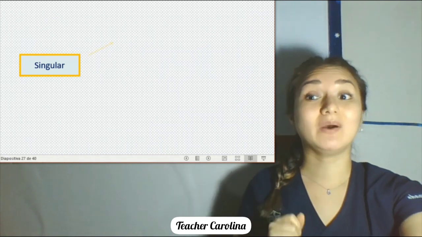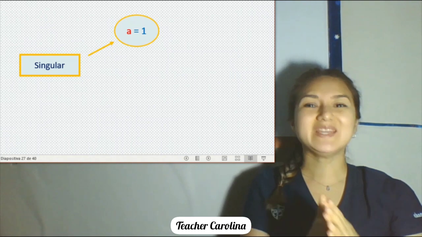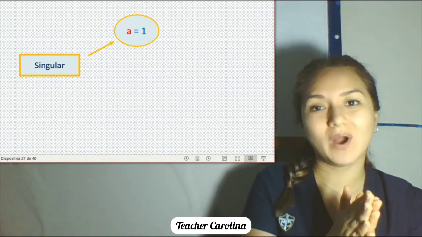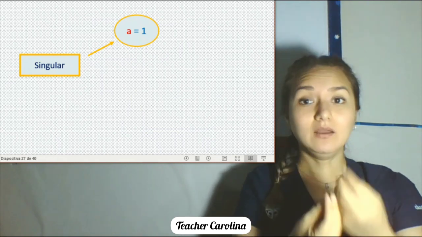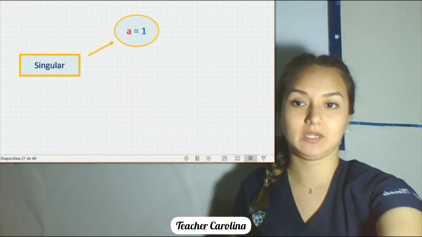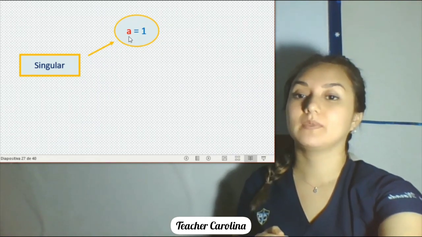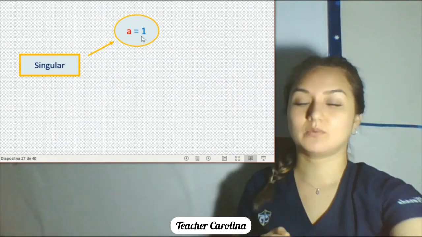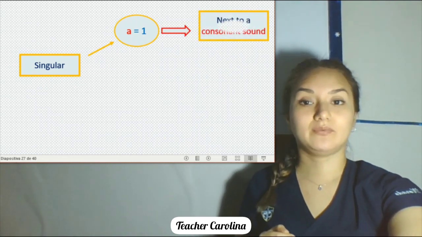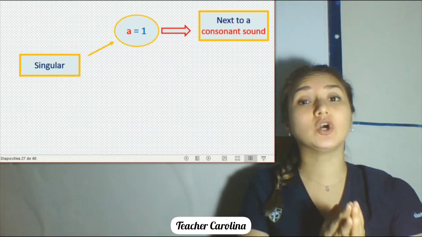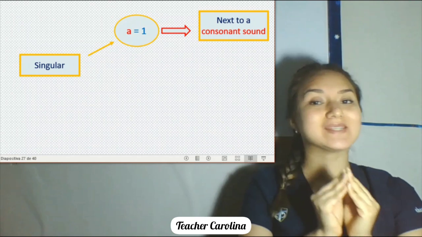Now, in here, we are going to talk about the singular. For a singular, instead of saying 1, we are going to use a. That is the meaning, right? Take a look. A is the same. Now, in here it says that you are going to use a next to a consonant sound.